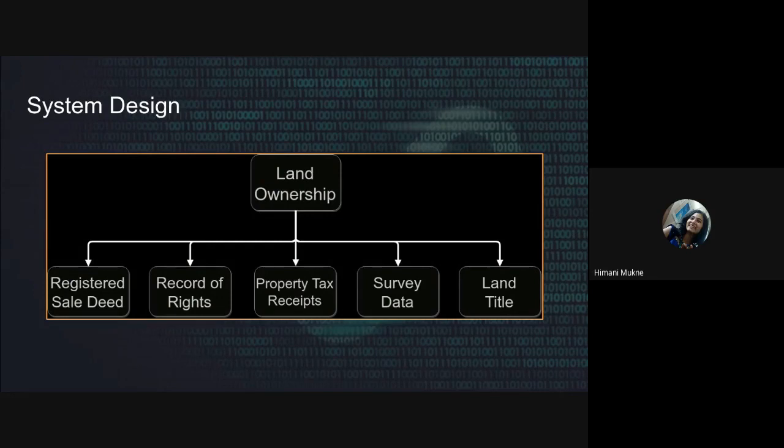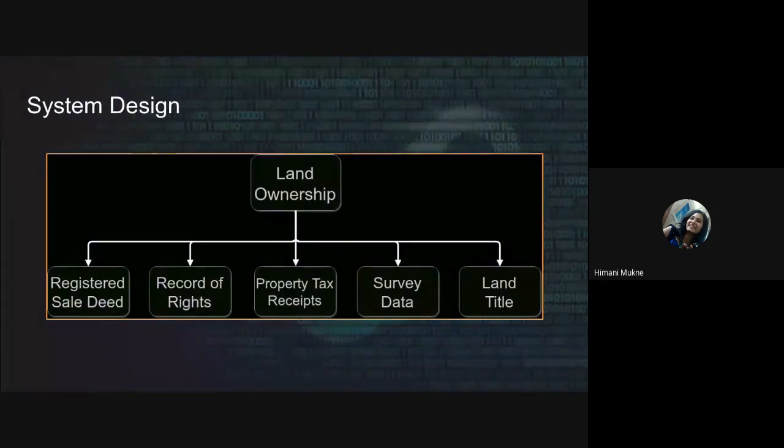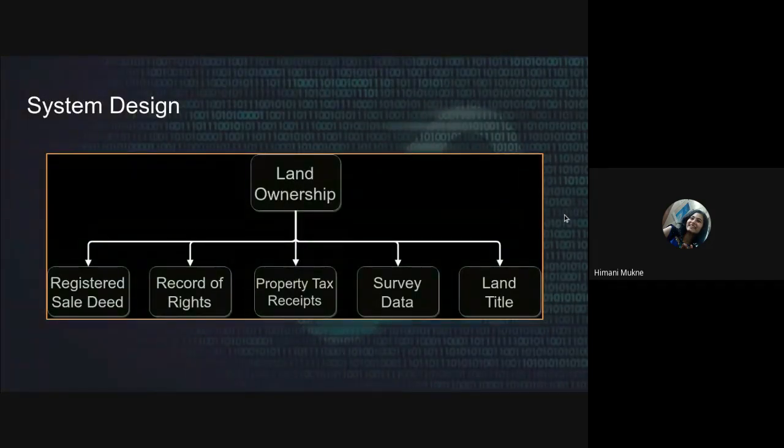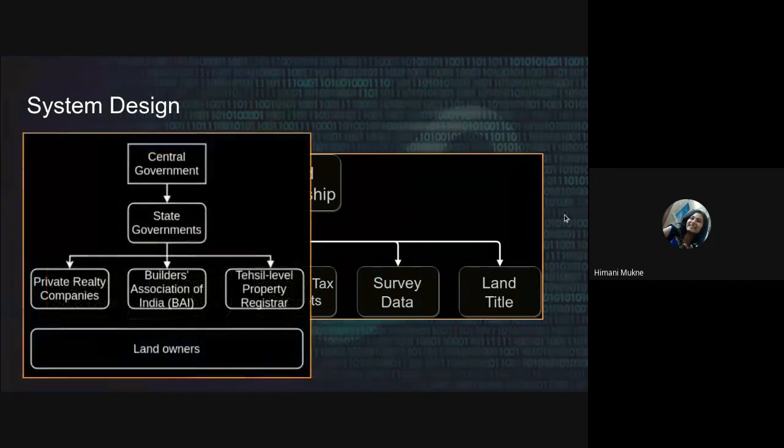So we decided which documents are required for establishing land ownership, such as these. Next, we decided which stakeholders to include, which participants to include in the network. They're called participants in the case of blockchain.